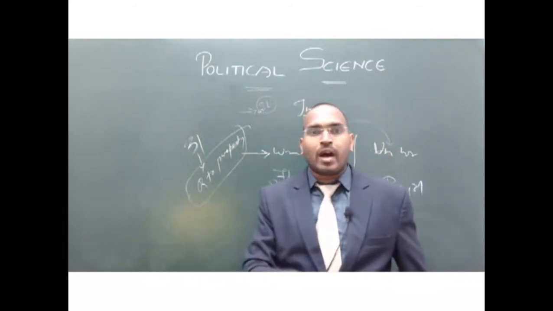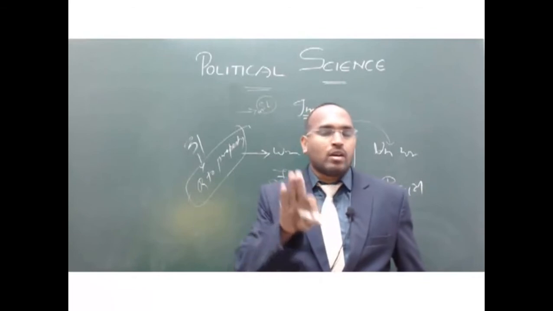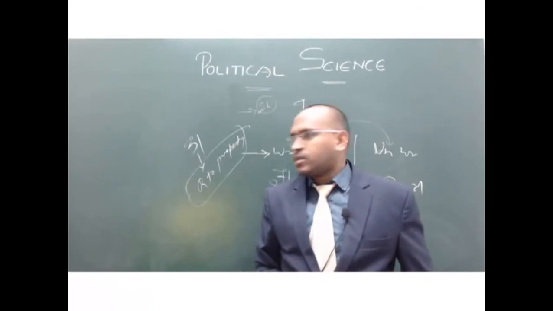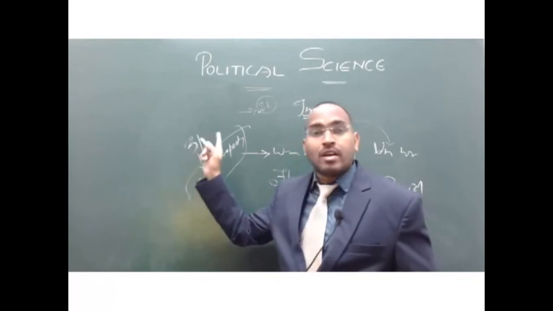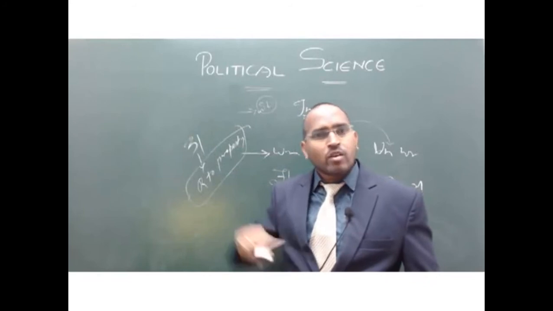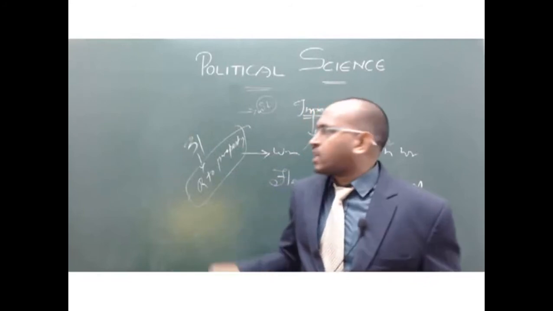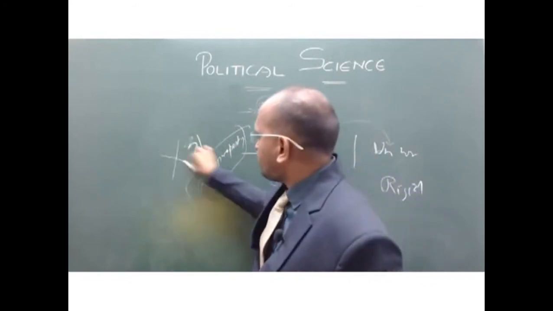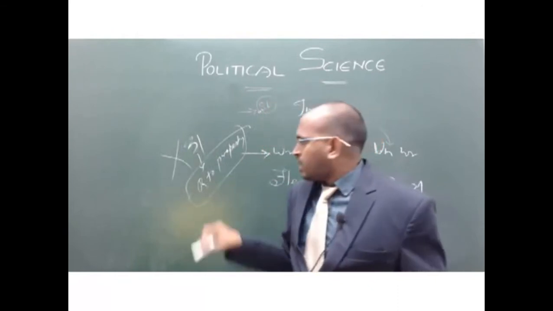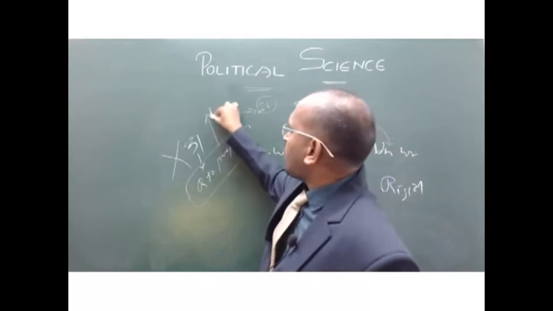Even if the government asks, I have the right not to give. That is the right to property according to Article 31 in the initial days of the Constitution. In the course of time, Article 31 was removed.